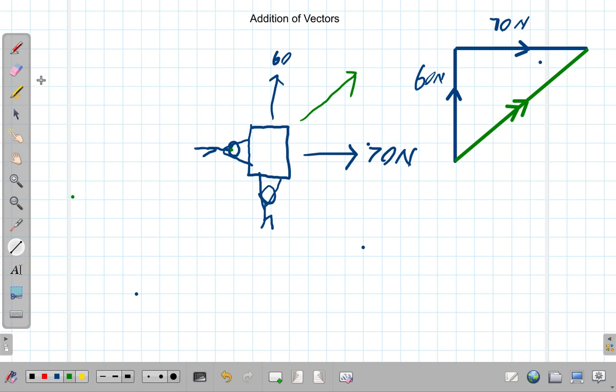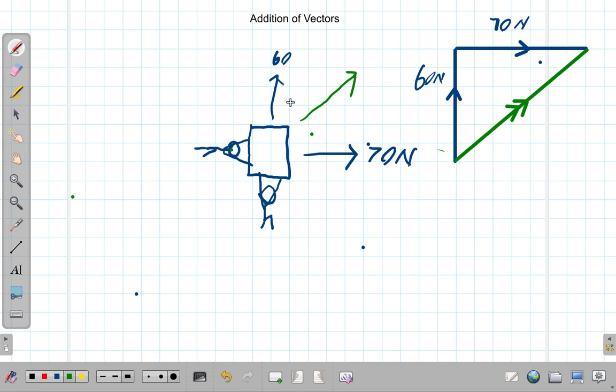So you can see here that if you should draw the 60 in the same direction here and then draw 70 and join them up, what you would have is really your answer. So what was done here is that the 60 Newton vector was added to the 70 Newton vector. And we have this green one with the 2 arrows as the answer.